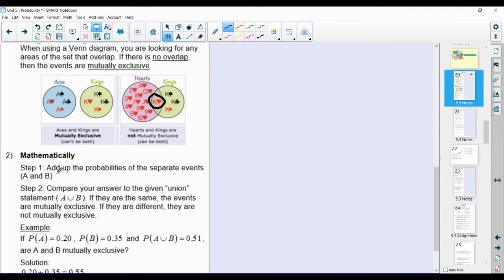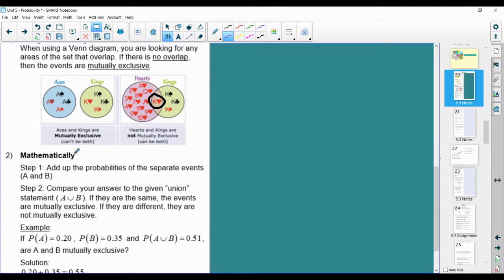Now, if we're trying to do this mathematically, essentially what we're trying to do is use a formula. We're going to use the union formula, the probability of A or B. So we're looking to see, is the probability of A plus the probability of B equal to the probability of A or B?